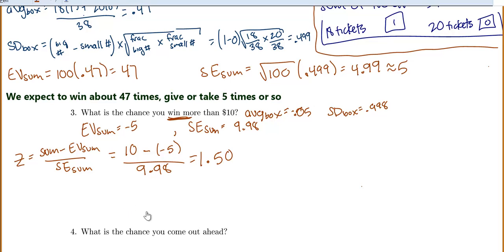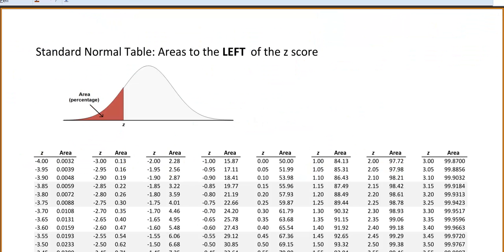So z is 1.50. We'd be looking for the area to the right because we want to win more than $10. So if we go to our normal table and we look up 1.50, it has 93.32%, but that's the area to the left because my normal table always gives me areas to the left.